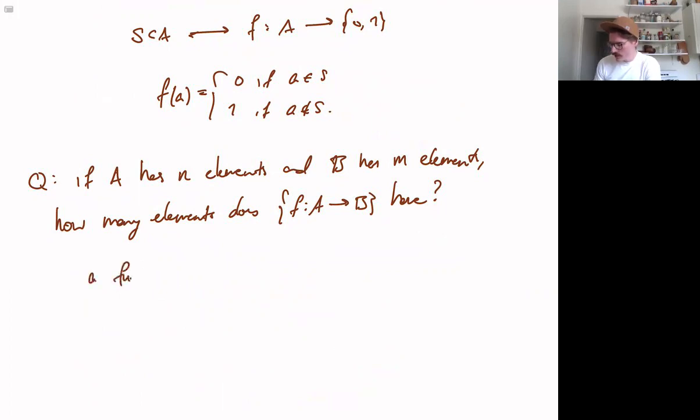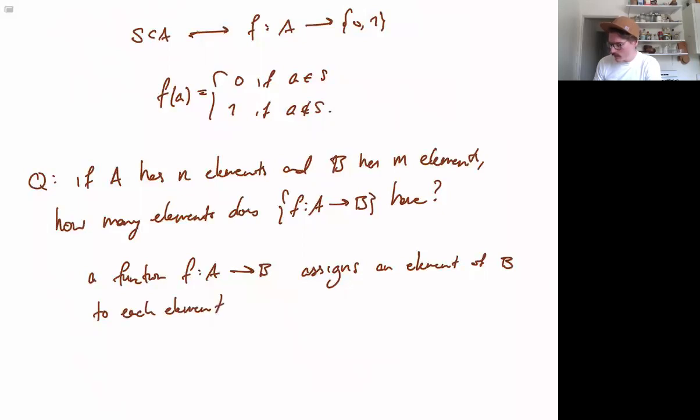So a function f from A to B assigns, let's go all the way back to the definition, assigns an element of B to each element of A. So essentially, if we're going to count how many of these things there are, for each element of A, we have, well, the cardinality of B, so m options.